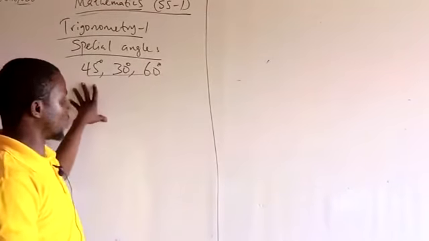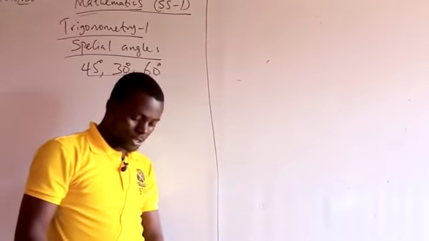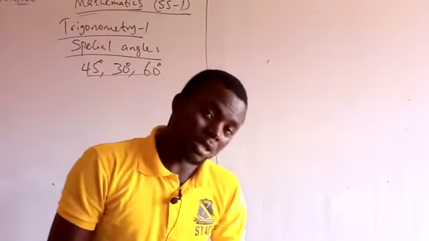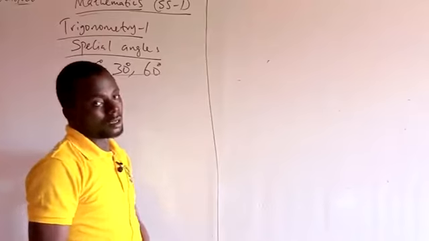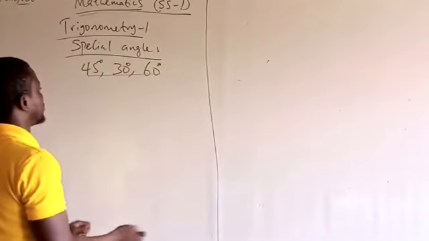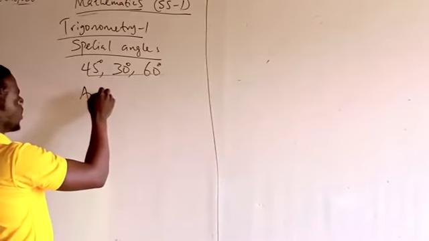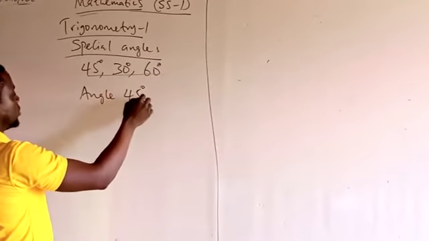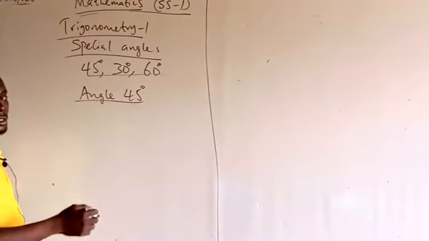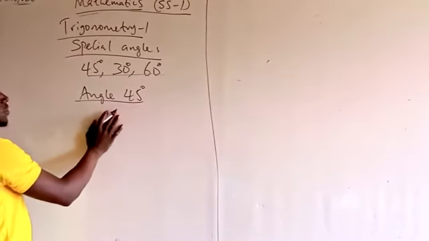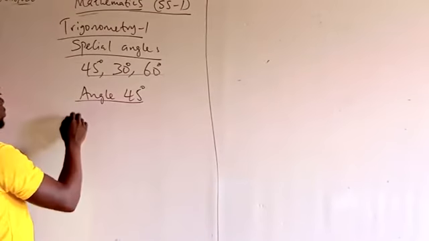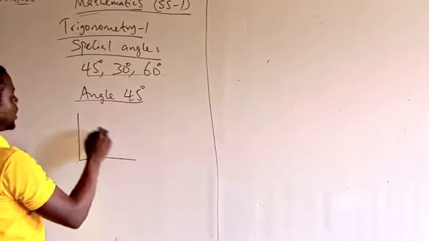So how do we derive these angles? I believe you have learned this in your further mathematics class, so just like a revision. Let's start from angle 45 degree. To prove angle 45 degree, we have to draw what's called a right angle triangle.